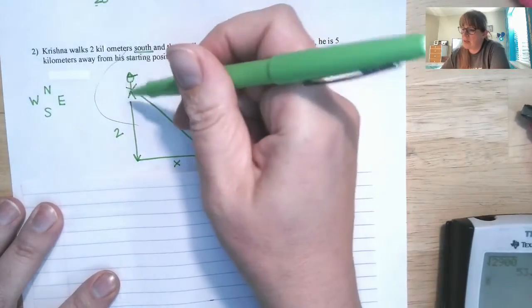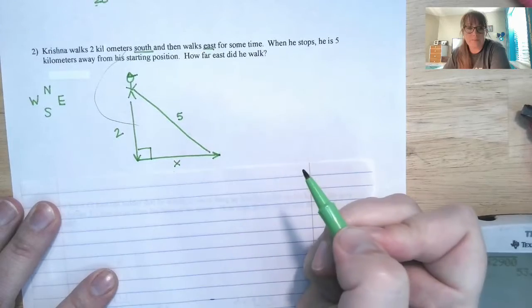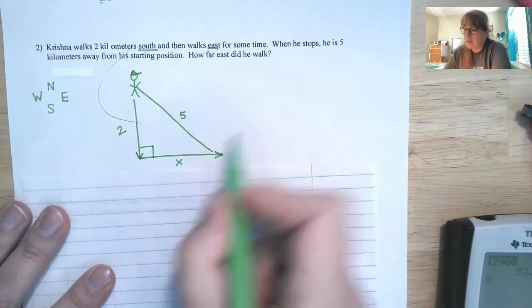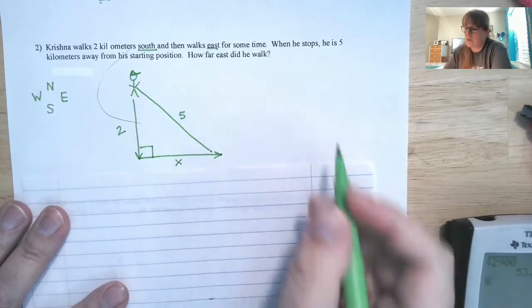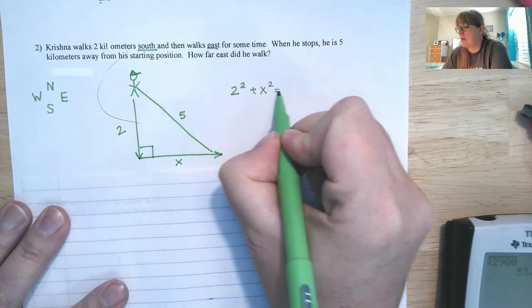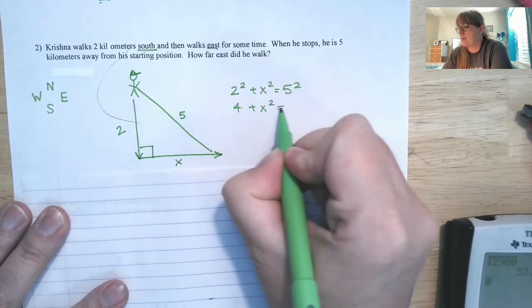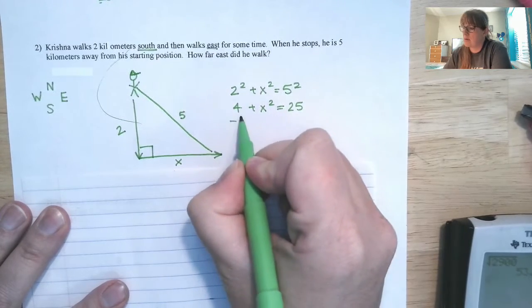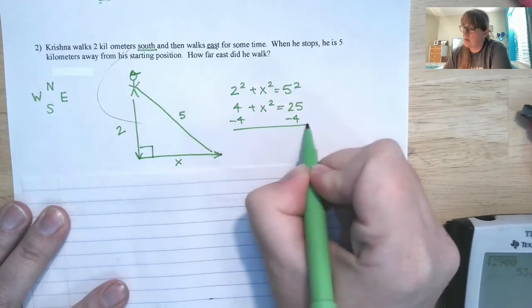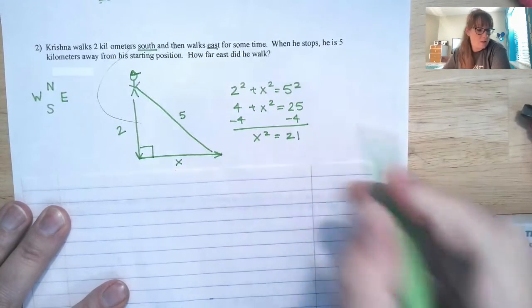If he walked south and then east, that would make a right triangle. So we want to figure out how far east he traveled. So let's go ahead and do Pythagorean theorem. 2 squared plus x squared equals 5 squared. Simplify for x. So we get x squared equals 21.